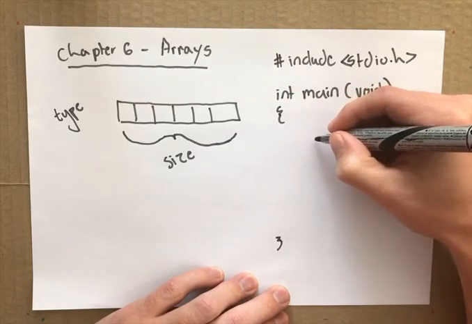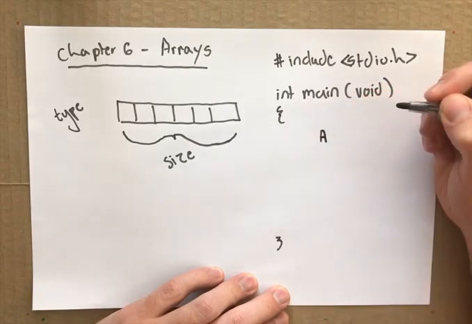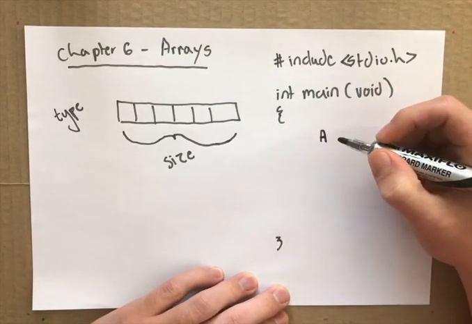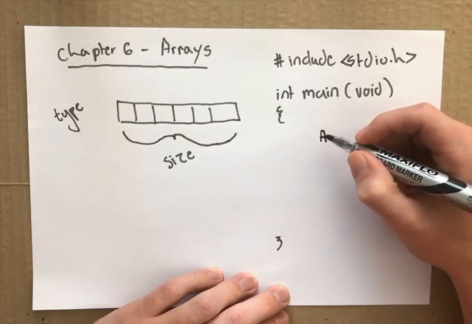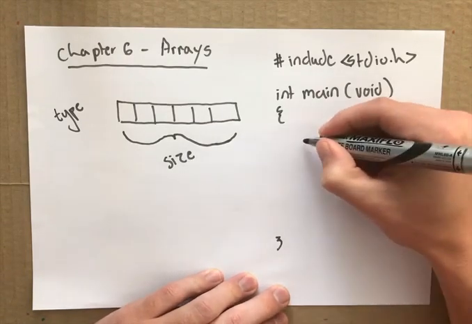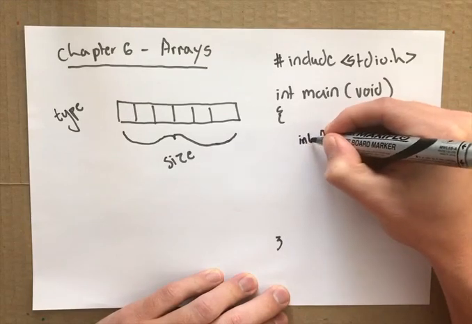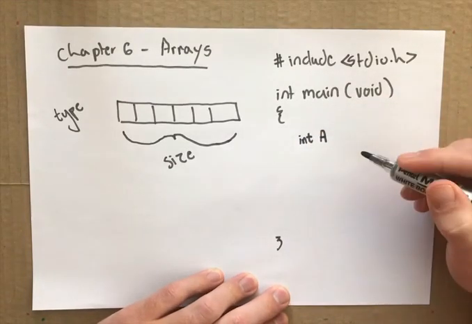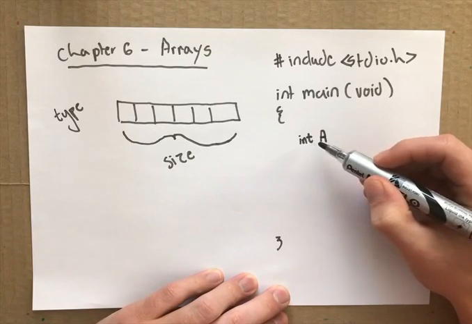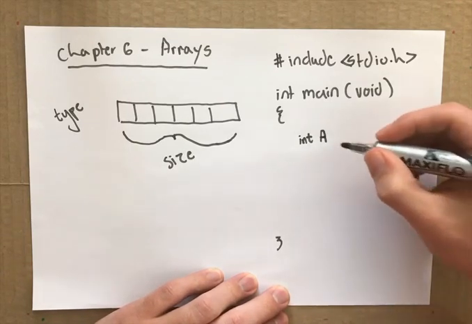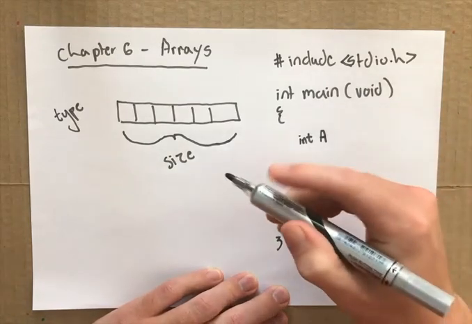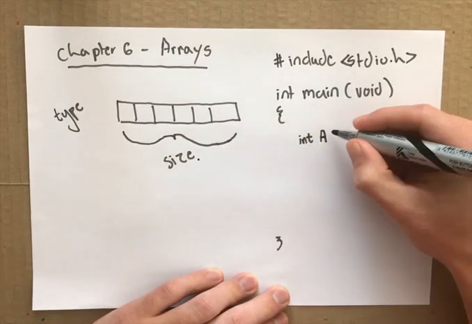Okay, so we want to create an array with the name A. Now this array needs a type, the same way a variable needs a type. So let's make the type integer. So this array has now a type of integer, so it can store number values. It's got a name. Then we need to give the size.